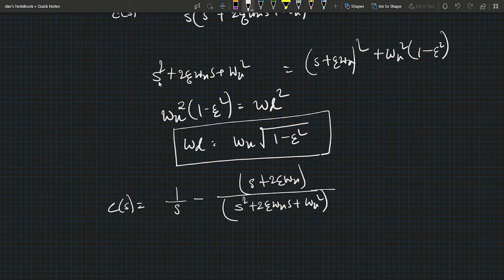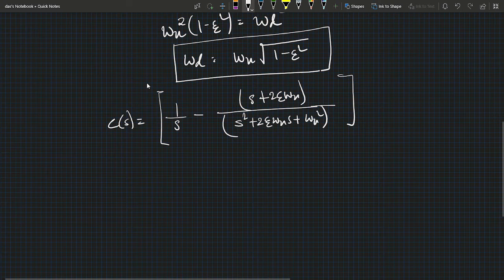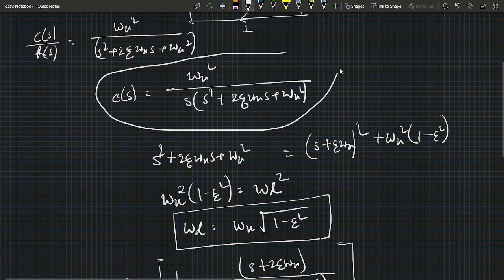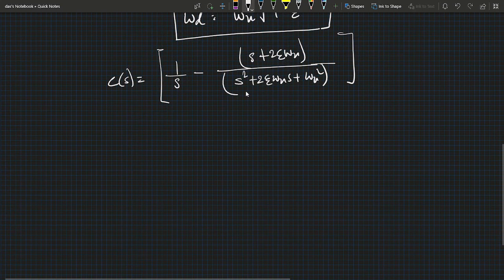Because if we take the LCM of this term, in the first part the numerator comes out as s squared plus 2 zeta omega n s plus omega n squared, and minus s squared minus 2 zeta omega n s cancel each other. So only omega n squared is present in the numerator, no other term. So we express this equation by this expression.